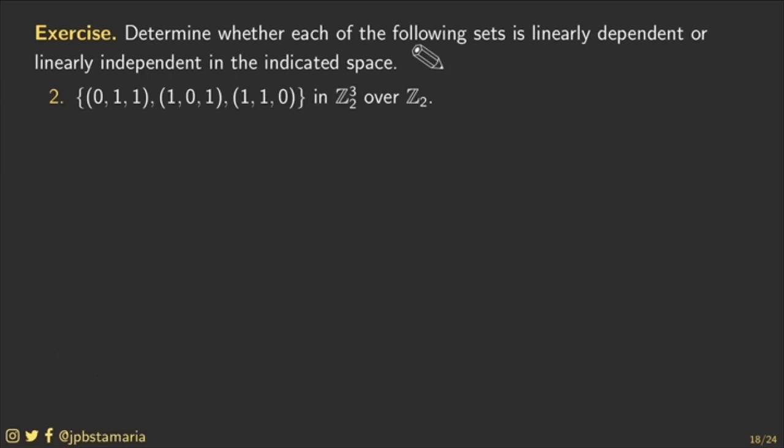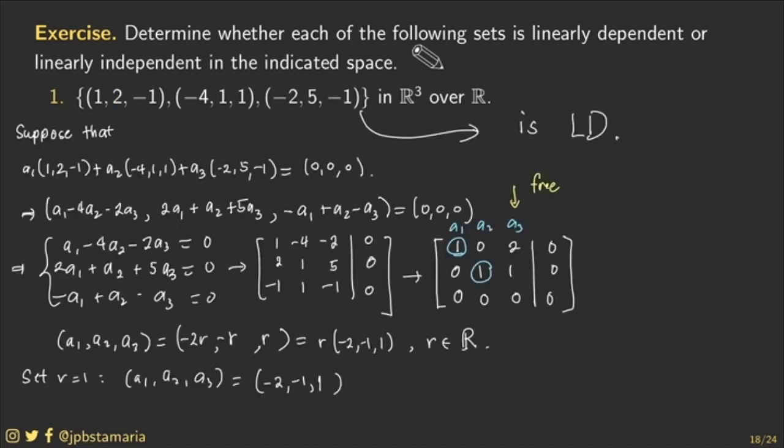Let's try another one. So we have (0, 1, 1), (1, 0, 1), and (1, 1, 0). By the way, let's look at the following. As you can notice over here, the given vectors (1, 2, negative 1), (negative 4, 1, 1), (negative 2, 5, negative 1) are precisely the columns of this augmented matrix.